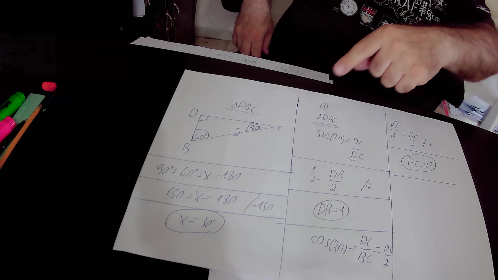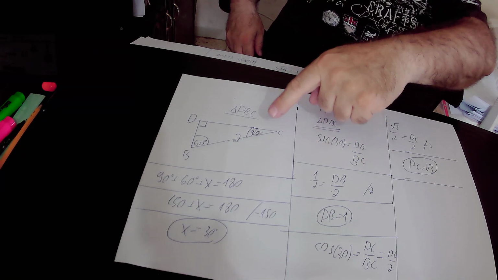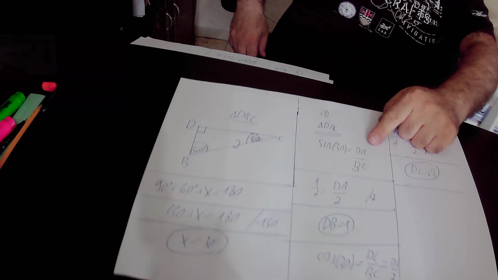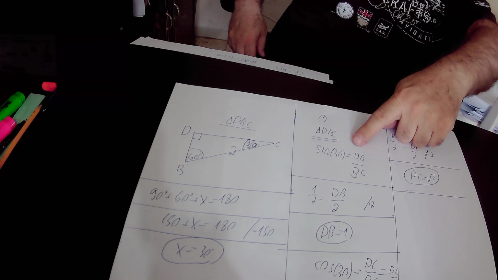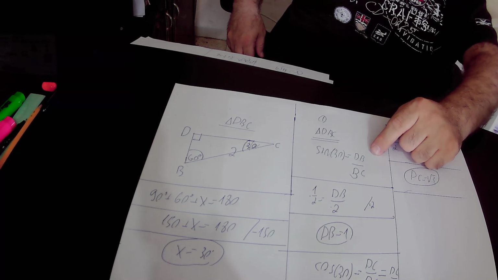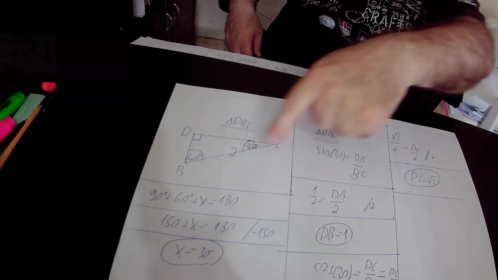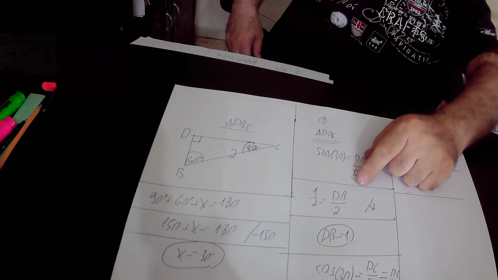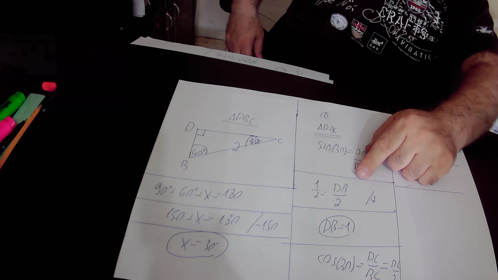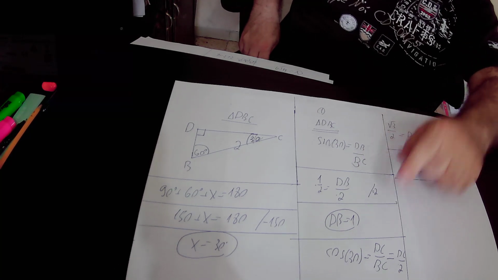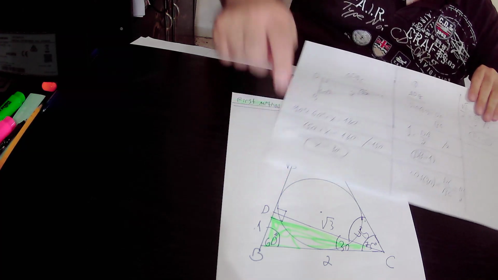In triangle BDC, it is very easy to see that sine 30 degrees equals BD over BC. Sine 30 degrees is 1/2, and it equals BD over BC, but BC is 2, so we substitute BC by 2. We get that 1/2 equals BD over 2. We multiply this equation by 2, and find that BD equals 1.